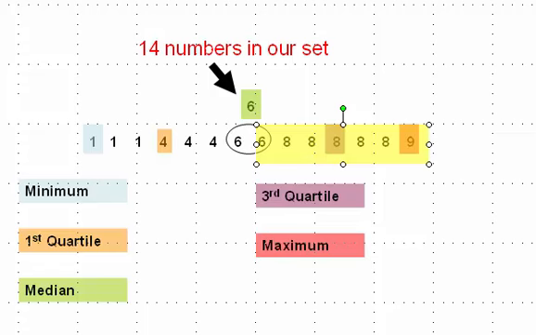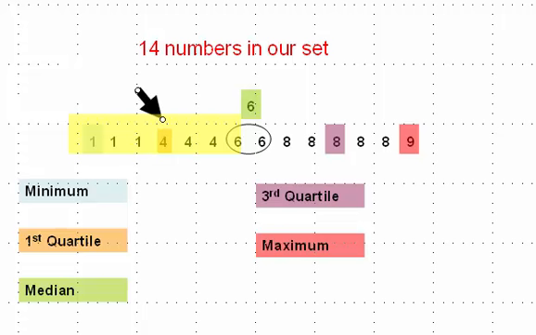If we go back to the first half, the first quartile is going to be in the middle of the first half. He divides it in half, basically. There are going to be 3 numbers that are smaller than him, and there are going to be 3 numbers that are bigger than him but smaller than the median, or equal.